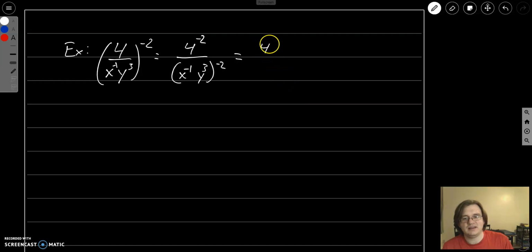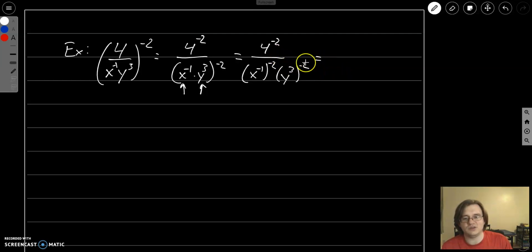But again, for this bottom, I've got two things that I'm multiplying together, and they're both raised to a power, so I can raise them both to that individual power. So this is going to be x to the negative 1 to the negative 2nd power, y to the 3rd power raised to the negative 2nd power.